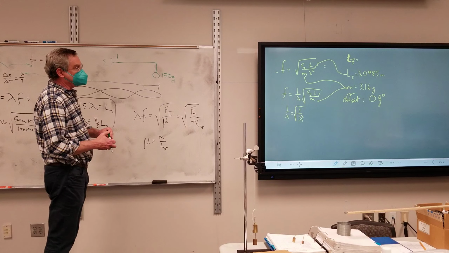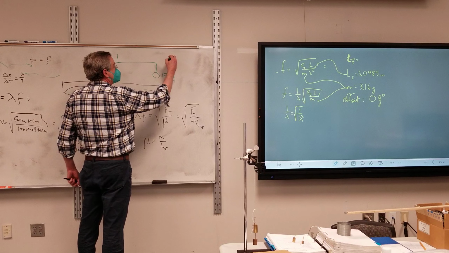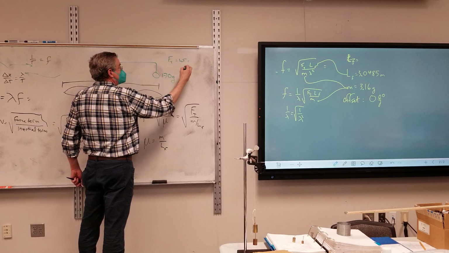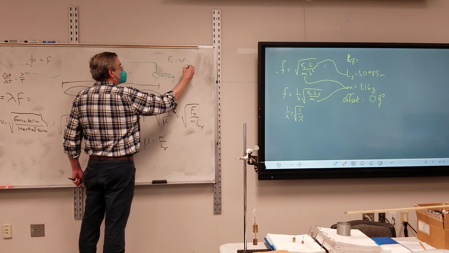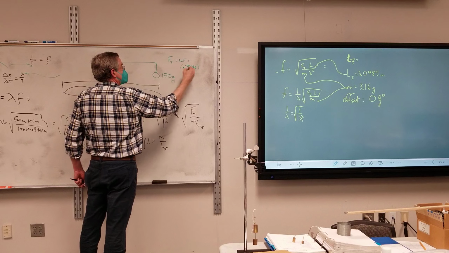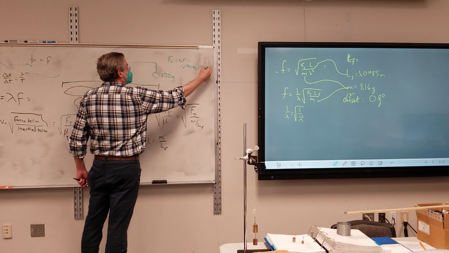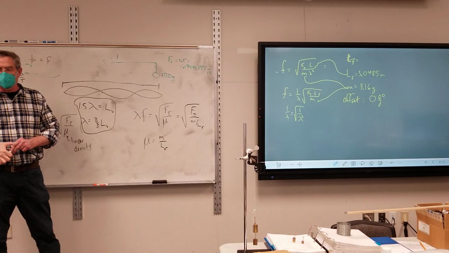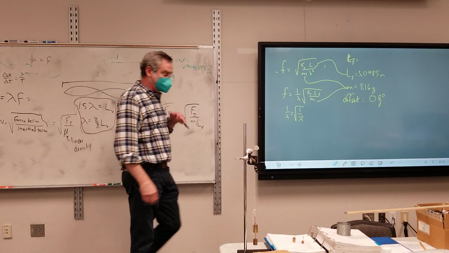I want to use SI, the SI system, and so the tension in the string should be equal to the weight of what's hanging, which is 0.170 kilograms times 9.8 meters per second squared. And obviously, if this were the lab, I would not be using 9.8.